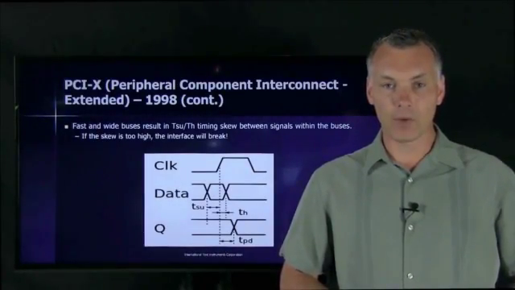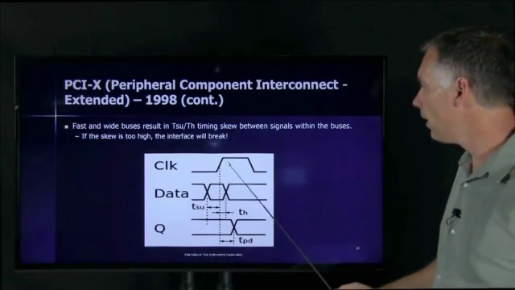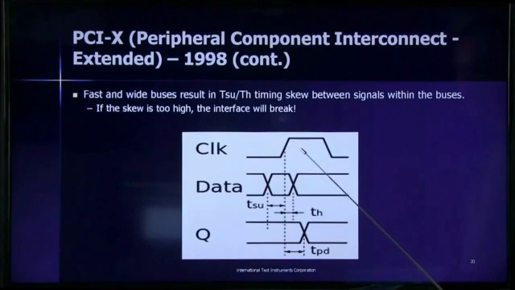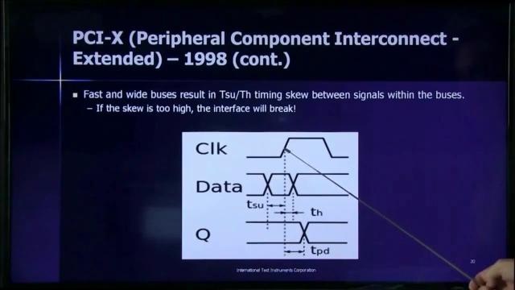And this slide talks a little bit more about the setup and hold timing skew between signals. Essentially, this is an electrical engineering issue with digital design, which says that if you have a digital signal that you clock in a flip-flop, you have to have the signal stable, outside of the invalid voltage zone, so it either has to be a clear high or a clear low a certain time, which is the setup time from here to here, before the clock signal comes around to latch the signal.